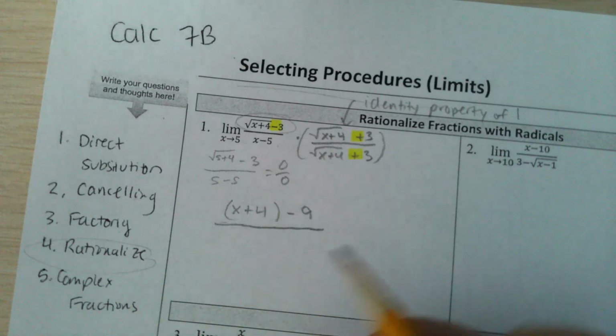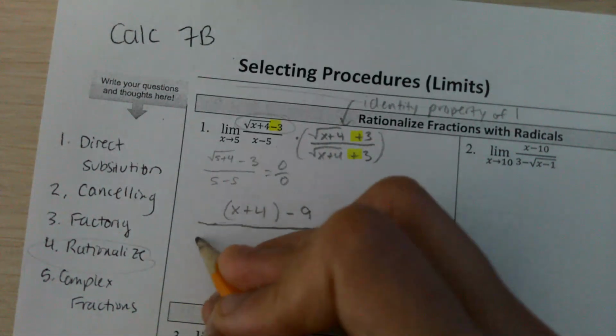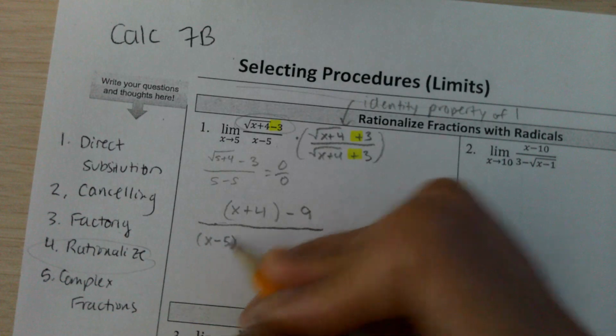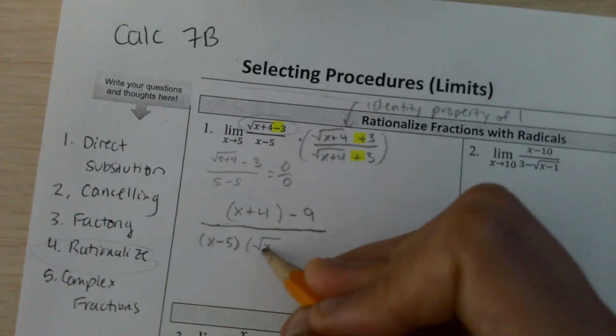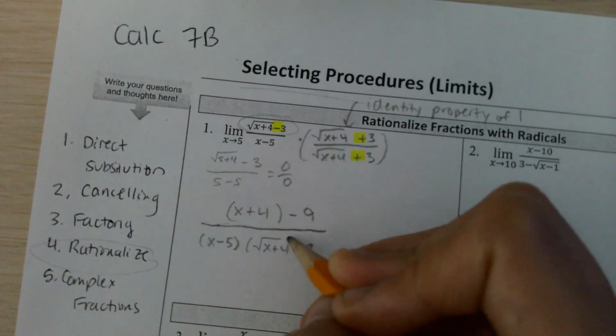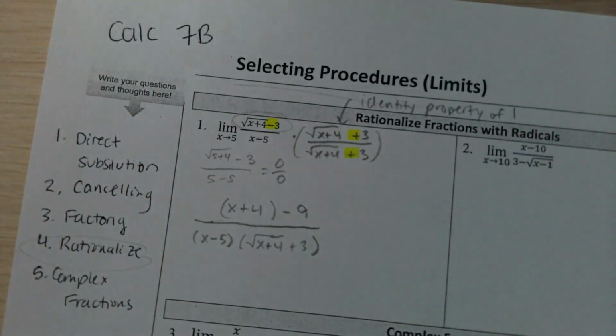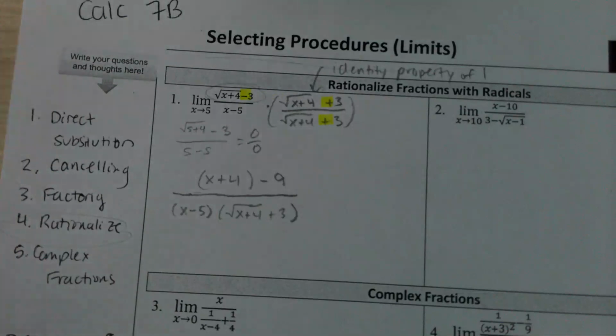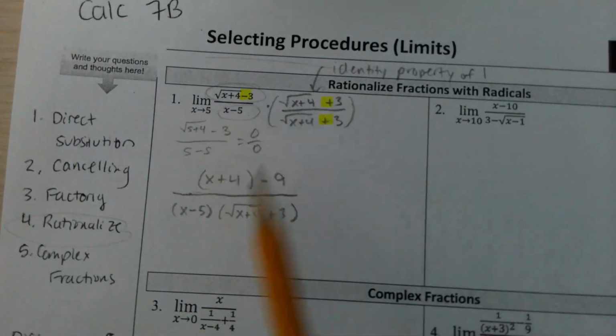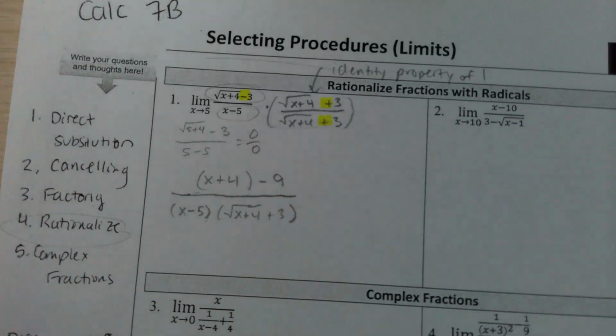And then the bottom is where it gets sort of ugly. We'll just keep it factored. So I just had this in a parentheses and this in a parentheses.